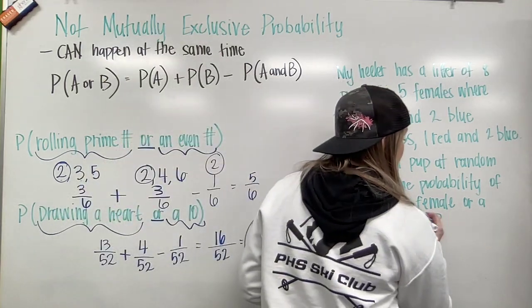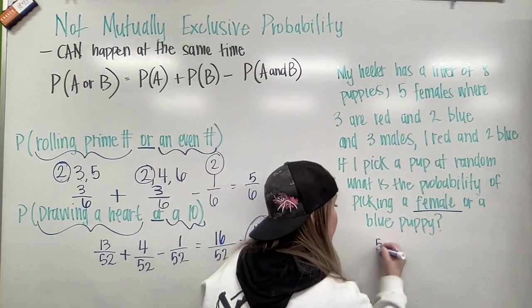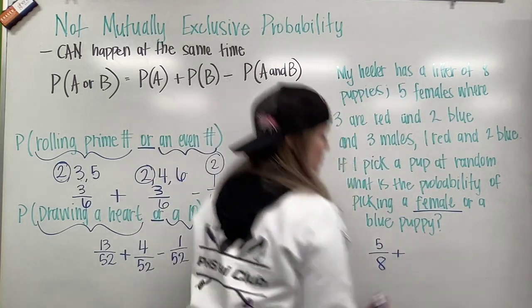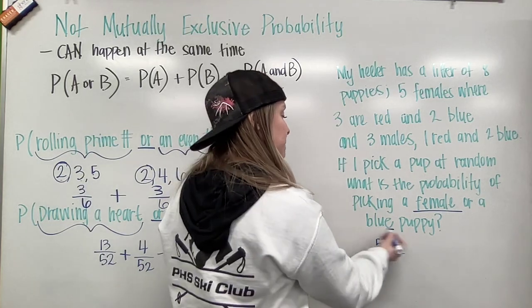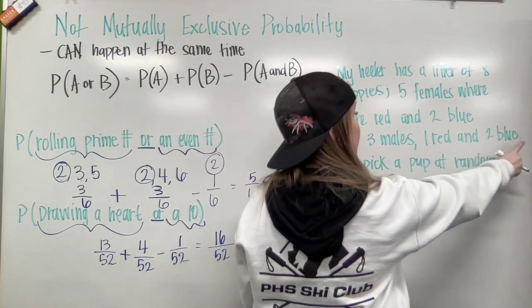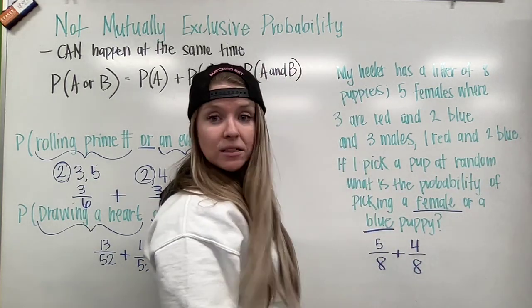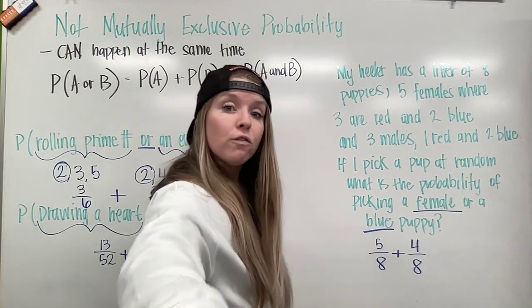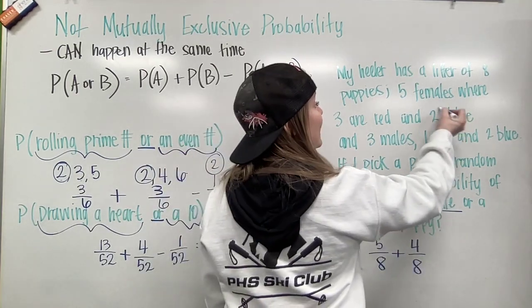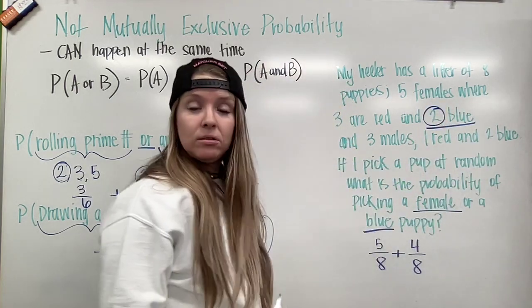So, how many female puppies do I have? I have 5 females. So that's 5 out of 8. Or a blue puppy. Blue puppy, I have 1, 2, 3, 4 blue puppies. So that's 4 out of 8. But there's overlap. I already counted these 2 blues because they're female.